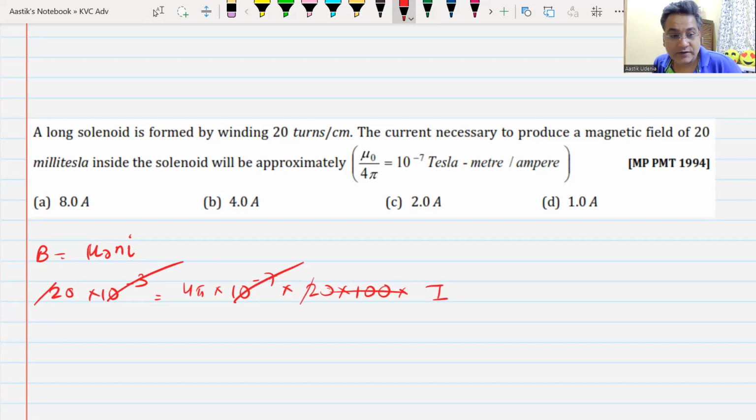So the answer will be 1 by 4 pi, approximately 1 by 4 pi.